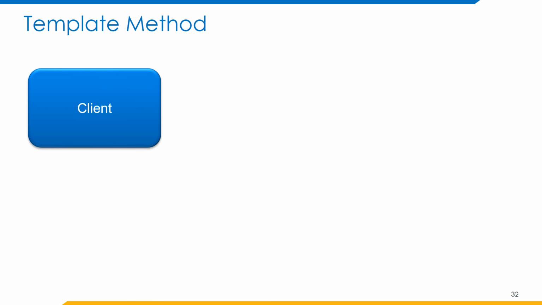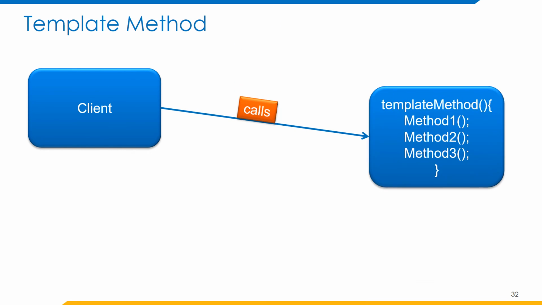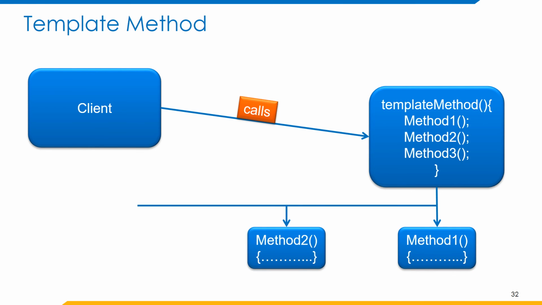In that case, we will implement the template method and write the whole sequence of steps within a method, and by calling one method it will get executed. For example, the client calls a template method. Inside the template method, all the method calling procedures are stored, like method 1, method 2, method 3.